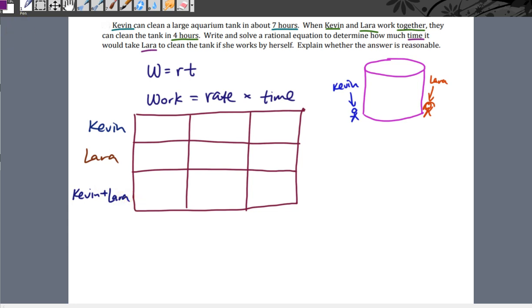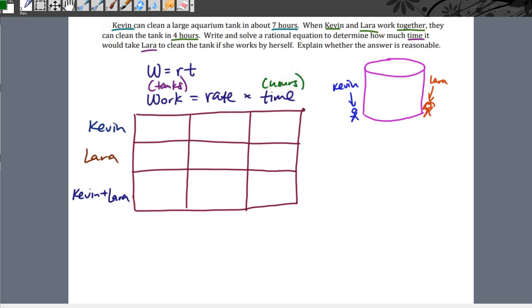The work is determined by the amount of tanks that they can clean, right? So work is based off the number of tanks, and time would be represented in hours.